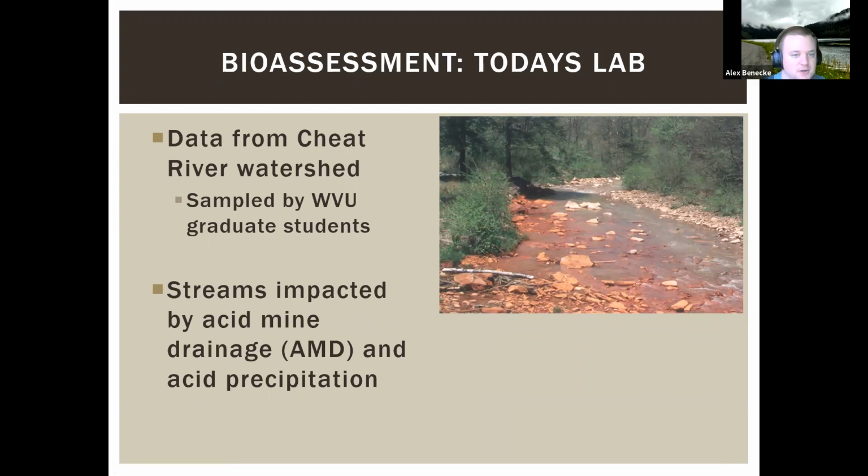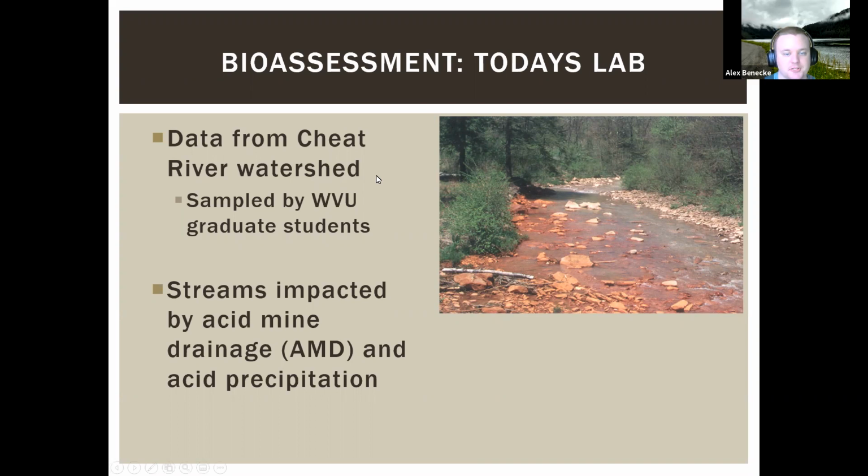It contains some water quality data from the Cheat River watershed. It was done by some West Virginia graduate student probably a while ago. Some of the streams were impacted by acid mine drainage and acid precipitation. It's kind of a result of that. And we'll just be comparing the streams and discussing them.